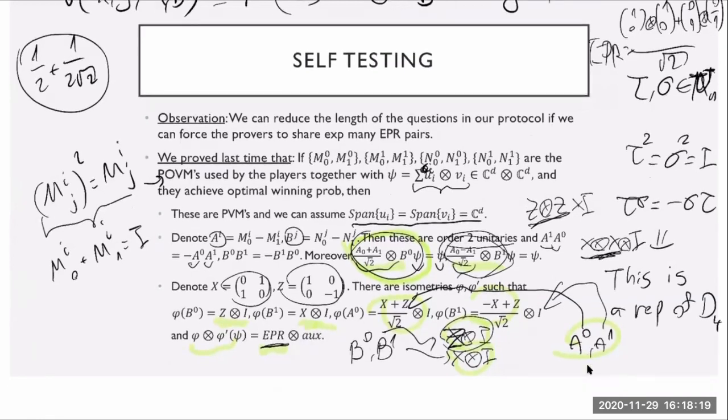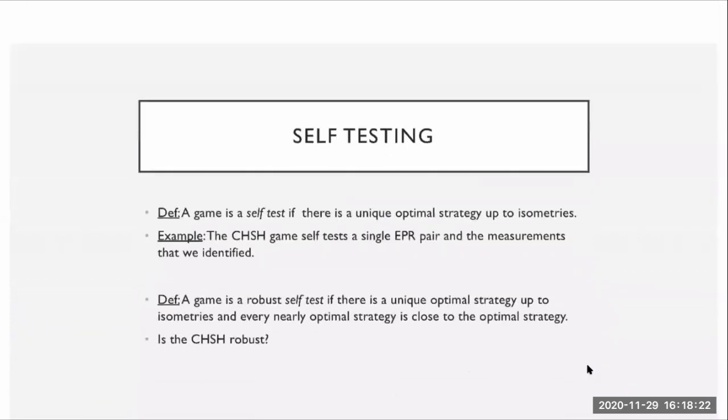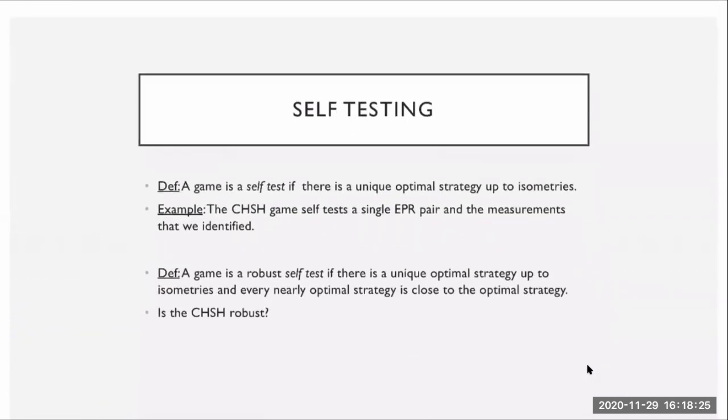No. Okay, great. So now I can define self-testing, because last time, throughout the lecture, we proved a self-testing result. So this is a property of a game. A game is a self-test if there is only one optimal strategy up to isometries. So exactly like here, you can apply some isometries on your space such that after you apply these isometries, the strategy is exactly a fixed strategy, which is unique.